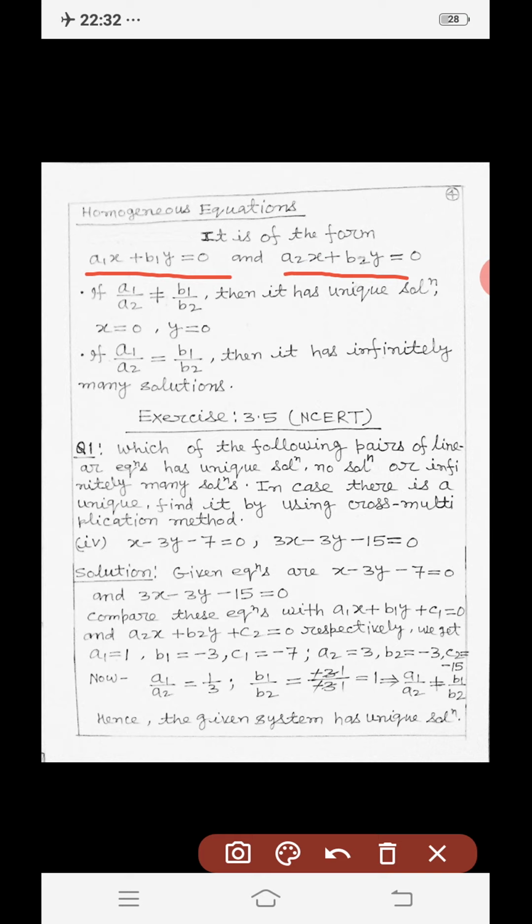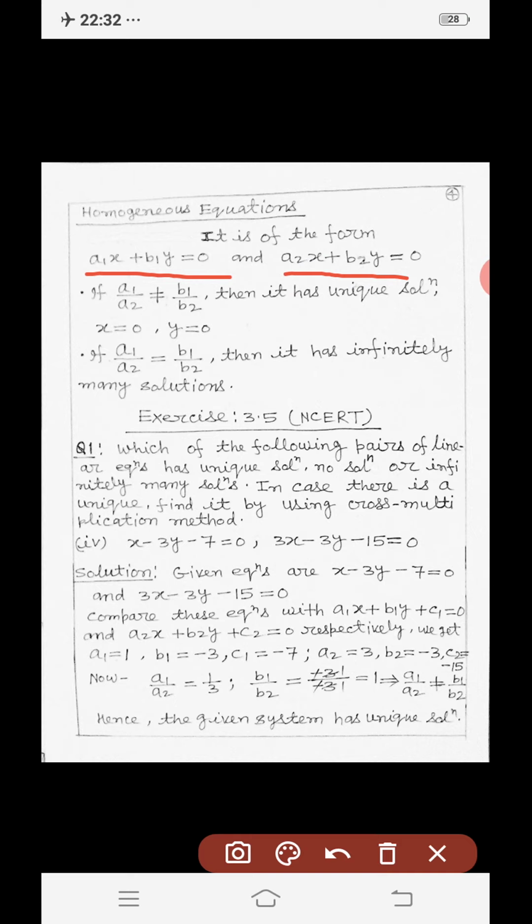The homogeneous system of linear equations is always consistent. It has two kinds of solutions. One is called the unique solution, or zero solution, or trivial solution, that is x = 0, y = 0. The other has infinitely many solutions.